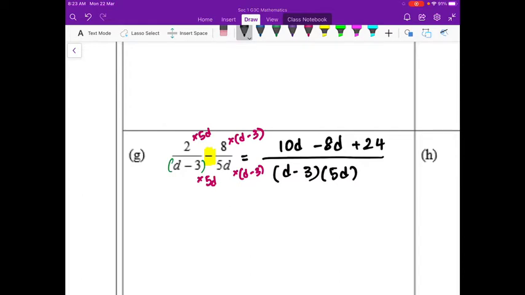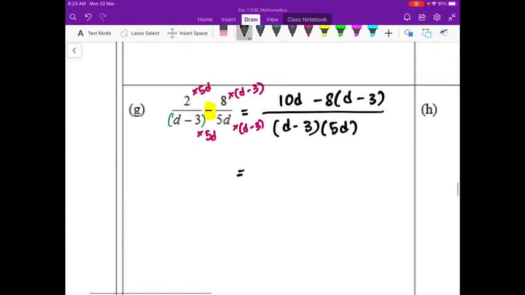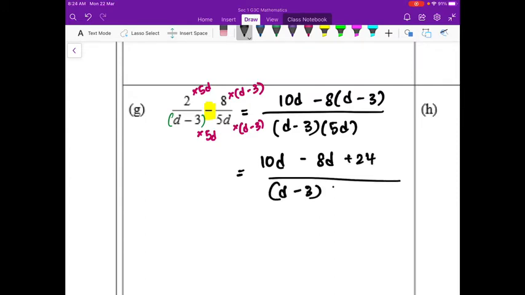So how do we avoid this situation? Because this is a very common mistake. I feel like I'm saying the same things over and over again. So we put down minus 8 times d minus 3. And then from here, we simplify: 10d minus 8d, minus 8 times minus 3 gives plus 24, over d minus 3, 5d.